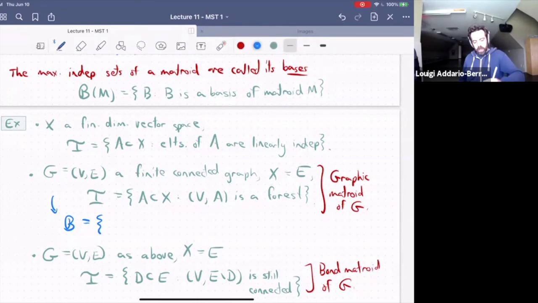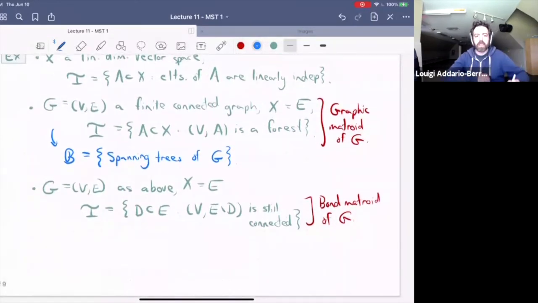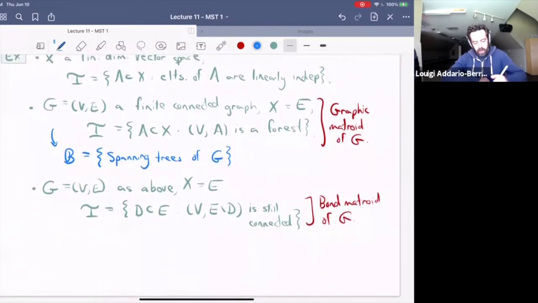So these are just the spanning trees of the underlying graph G, or more precisely, the edge sets of the spanning trees. Okay, but I'm just sort of thinking of the edge sets and the graphs as being the same for the moment.